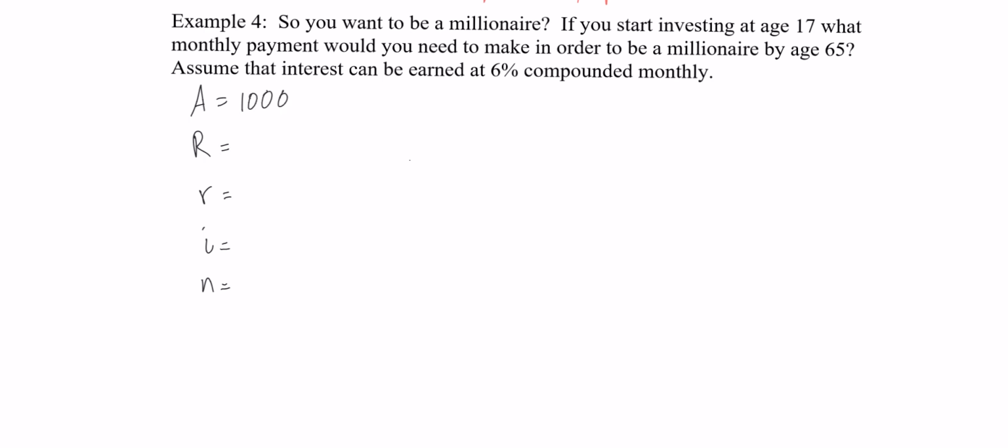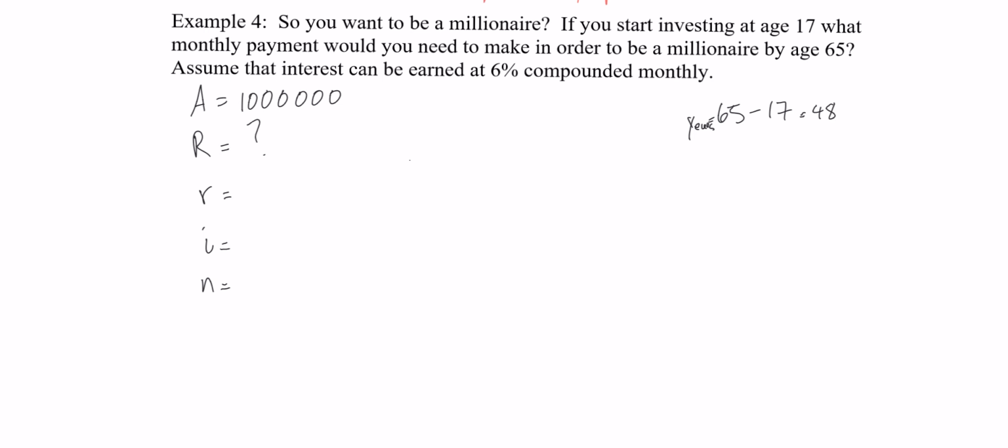We want $1 million, so A is 1 million, 1 with 6 zeros behind it. We're going from the age of 65 minus 17. So this is the years. Just 65 minus 17, which just happens to be 48 years.